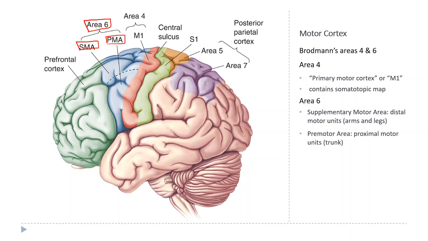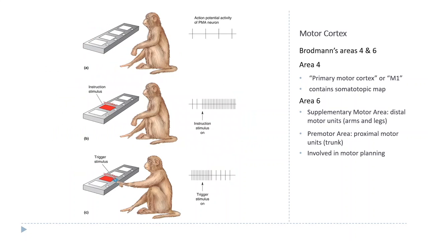The SMA controls mostly the distal motor unit, so that means the muscles of the arms and legs. And the premotor area is more involved with the muscles of the proximal motor unit, so that means muscles that are closer to the midline of the body, like the shoulders and hips and so on.